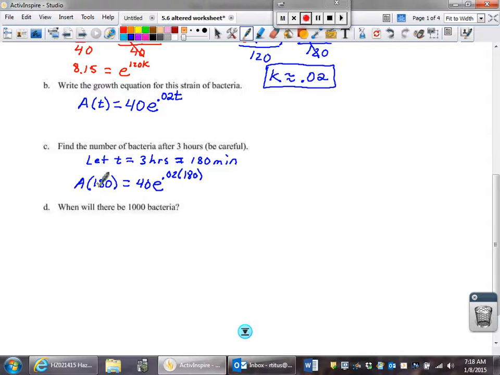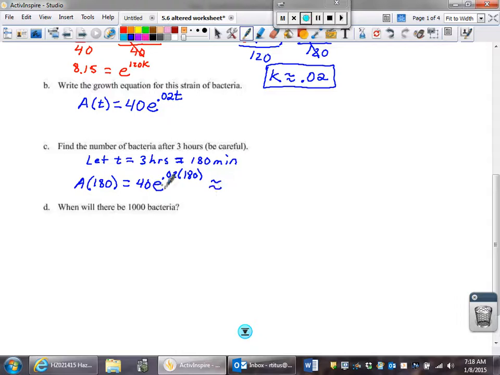Now, remember this is just function notation, so this just says let t be 180. That's all this is. I'm really looking for this side of the equation, okay? And I have everything over here. I know the 40. I know how to put e into the calculator. I know 0.02. I know 180. I'm just going to take 40 times e raised to the 0.02 times 180. It's all in one step in your calculator.